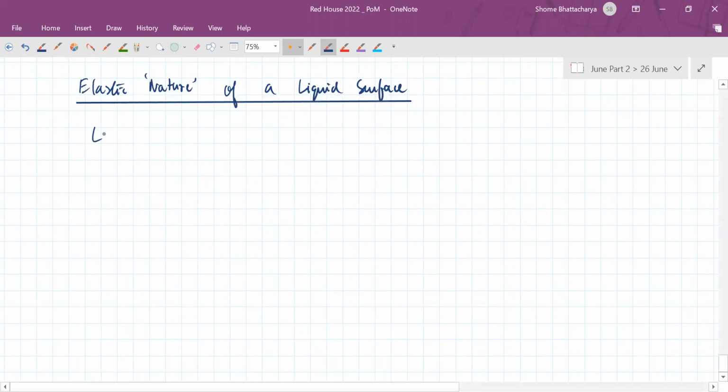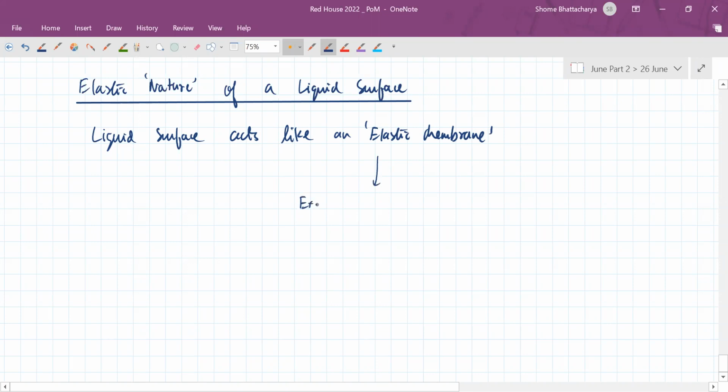So a liquid surface actually acts like an elastic membrane. You can see a lot of evidence of this from physical properties.